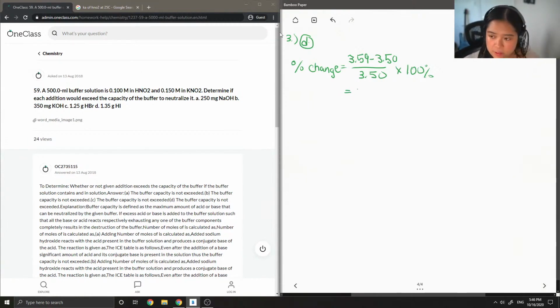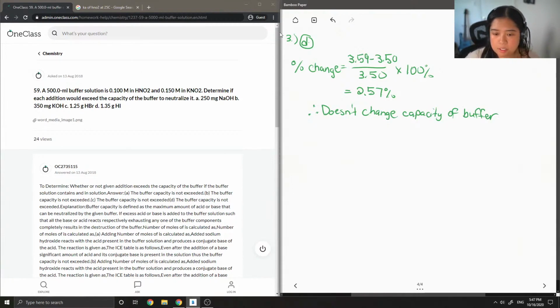So after adding 250 milligrams of NaOH, the pH only changed by 2.57 percent. So then you can say this doesn't change the capacity of the buffer.